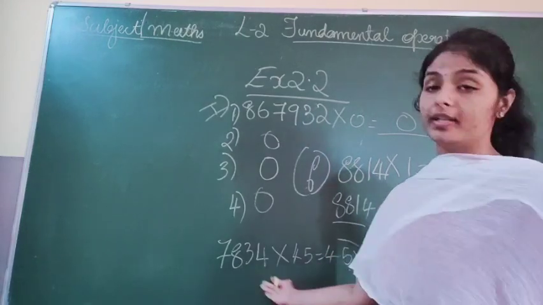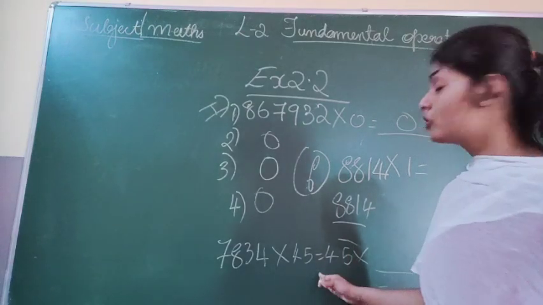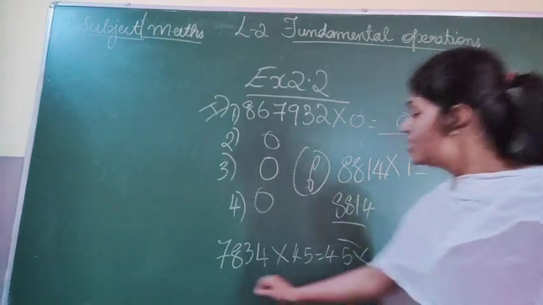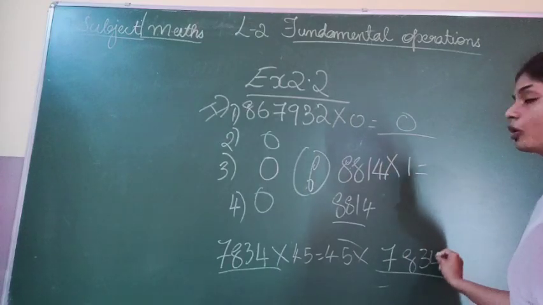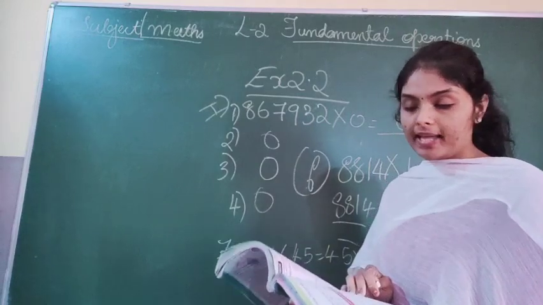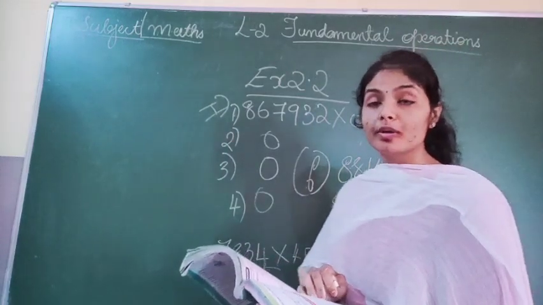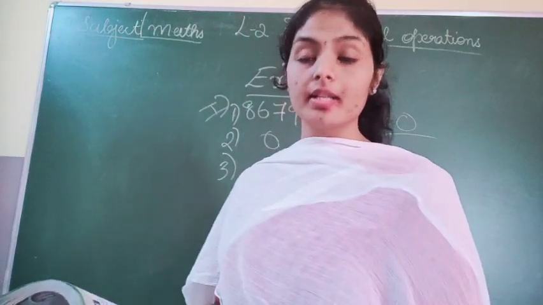Same number. See, 7834 into 45. They are not telling to find the answer, because they gave it is equal to 45 into. Next, 7 into 8 into 9 is equal to 7 into 8 into, you write the answer. Got it? Fill in this first blank, children. It's very easy.